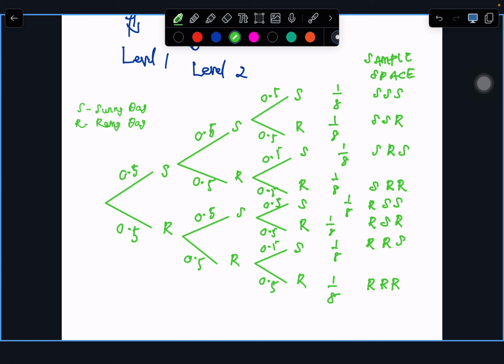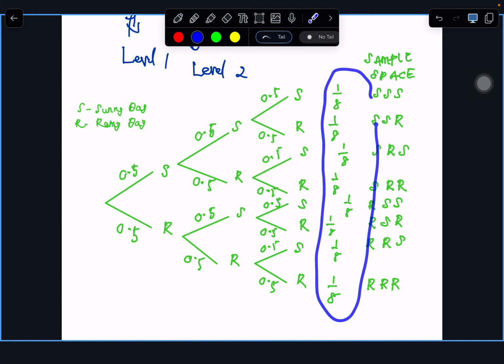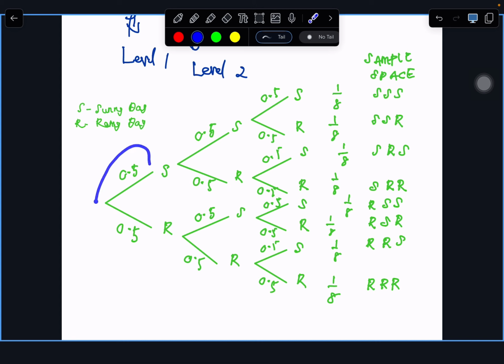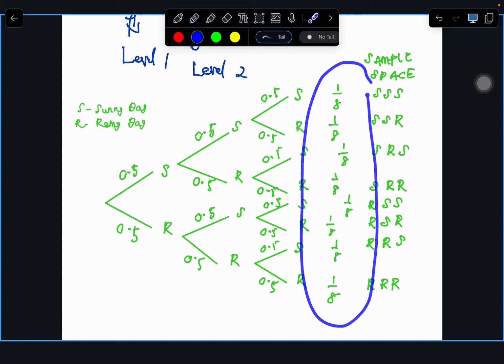The next magic thing is that the total should be 1. So there are so many ones in your tree diagram: the branches sum to 1, and the whole thing is 1.